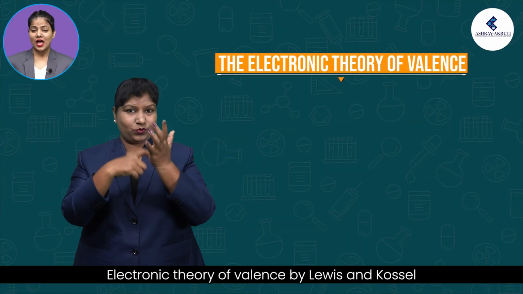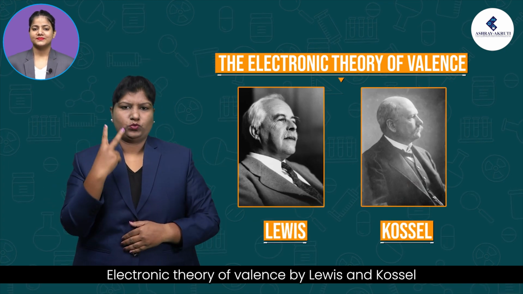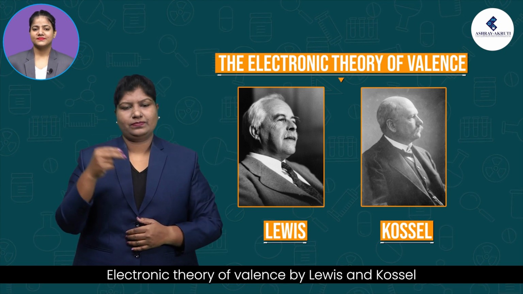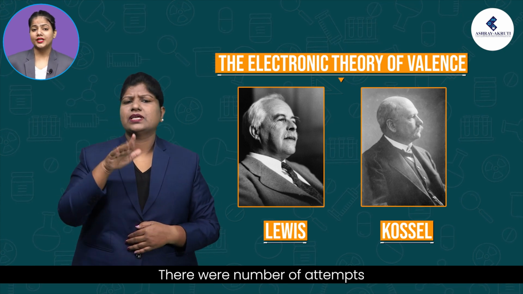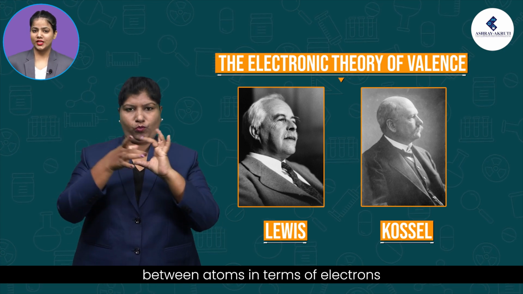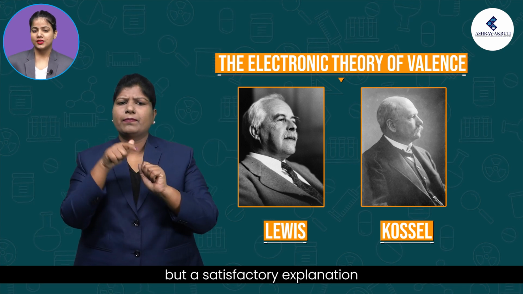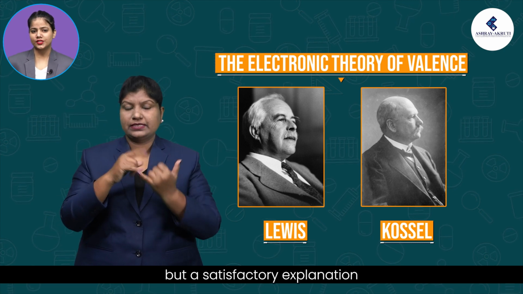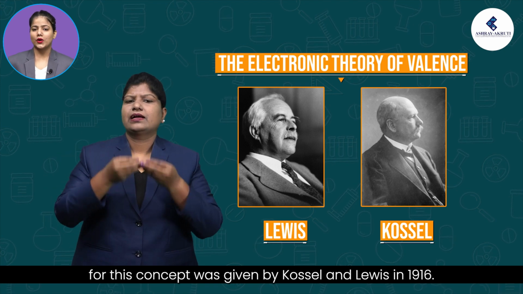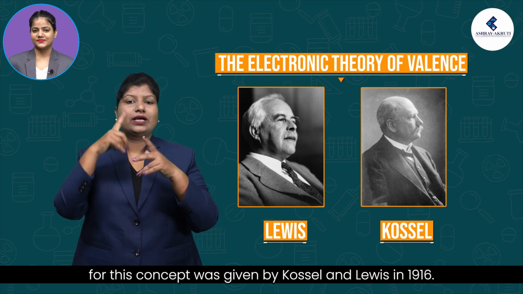Electronic Theory of Valence by Lewis and Kossel. There were a number of attempts to explain the chemical bond formation between atoms in terms of electrons. But a satisfactory explanation for this concept was given by Kossel and Lewis in 1916.